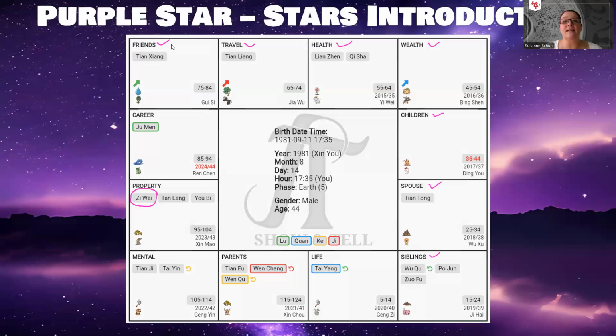In fact, these friends then lift you up and help you to their own level. So having this in the Friends Palace is quite positive, because you can always rely on friends who can help you out financially or in other ways to lift you up in society, in life, in career. So very good to have.